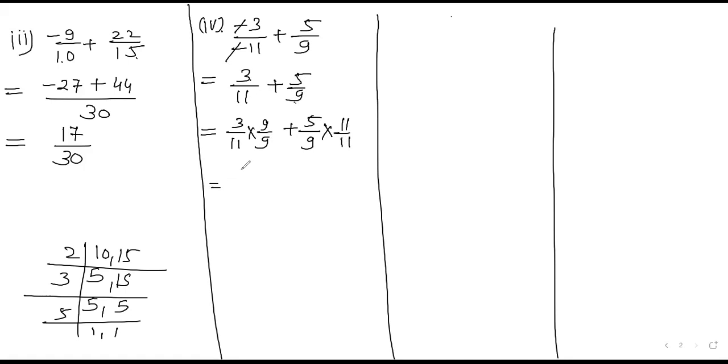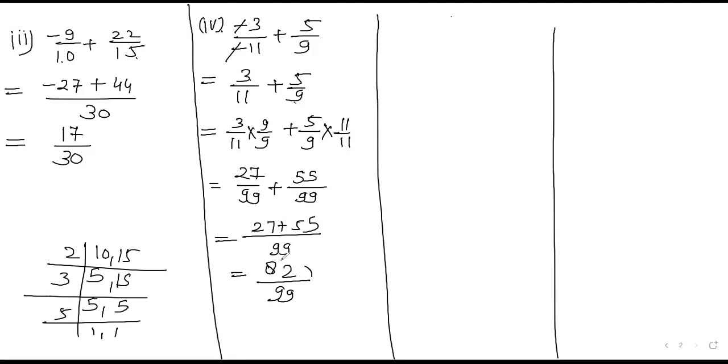So now you will get 27 upon 99 plus 55 upon 99, right? Now you know that if the denominators are same, nothing you need to do, you just put down the numbers and operate the numbers, whatever the operation is there. 27 plus 55 gives you 82 upon 99.